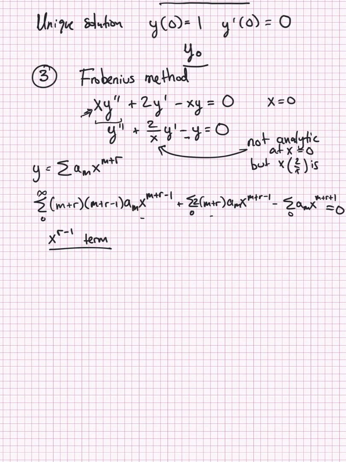This is where m equals 0, so I'm getting r times r minus 1, a naught, which I'm assuming is not 0, plus 2r a naught is equal to 0. Therefore I get r times r plus 1 is equal to 0. So r is 0 and minus 1.